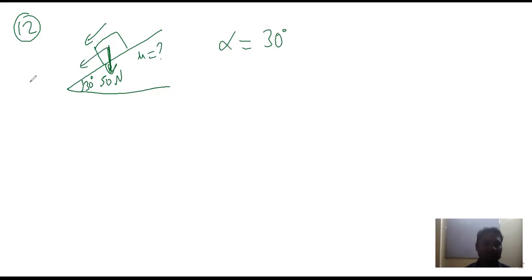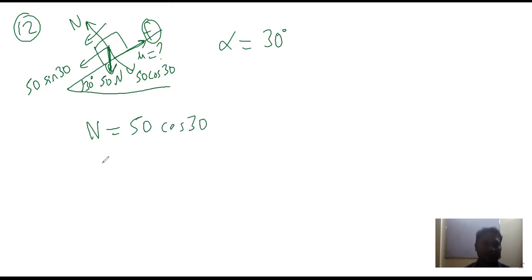So force here will be 50 sine 30 in downward direction, 50 cos 30 perpendicular to the incline, normal reaction perpendicular to the incline, and friction will act up the incline. So in that case, we can say N is equal to 50 cos 30 and friction force is equal to 50 sine 30.